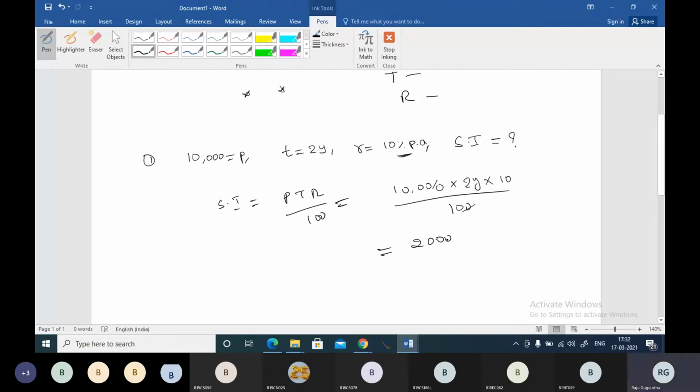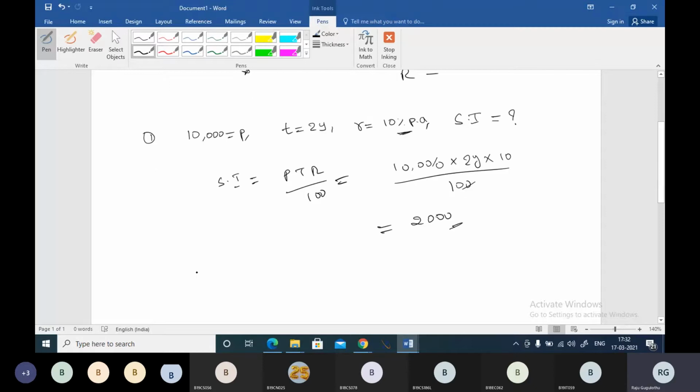Friends, this is the general way of answering the question. Let's see another way. When the principal is known to you, the question itself says 10,000, so 10% will be the rate of interest.